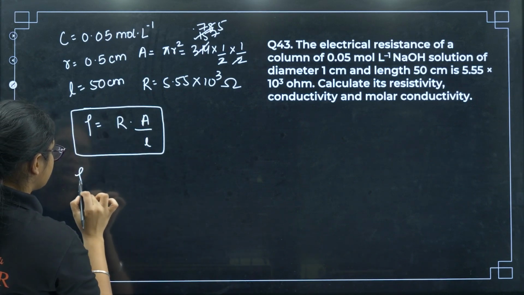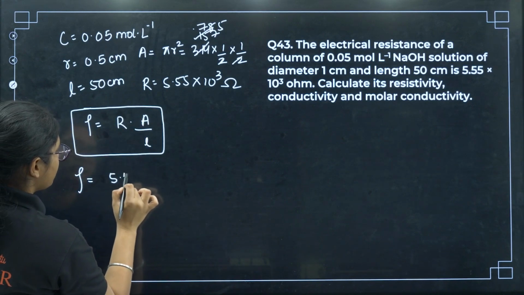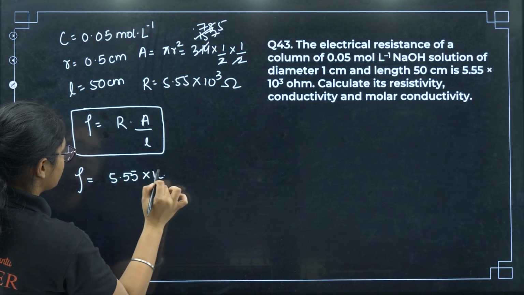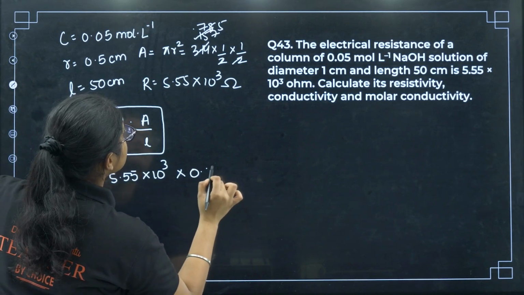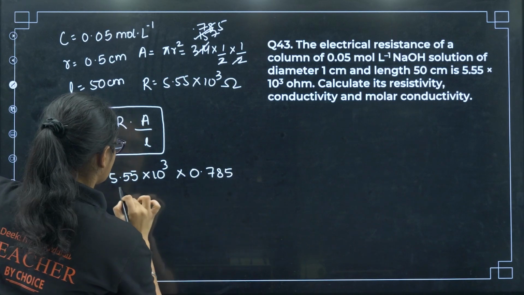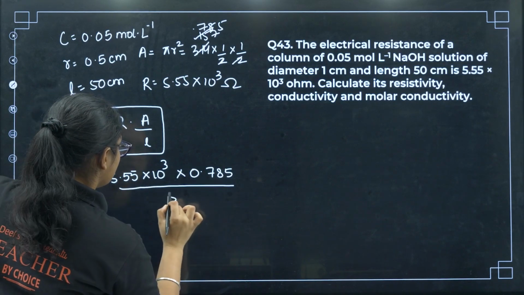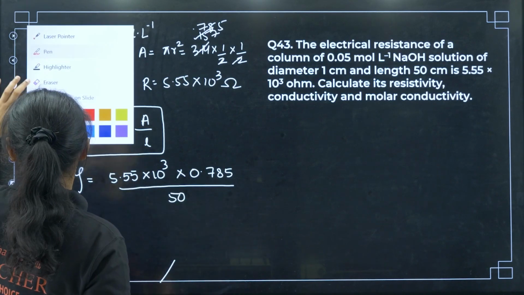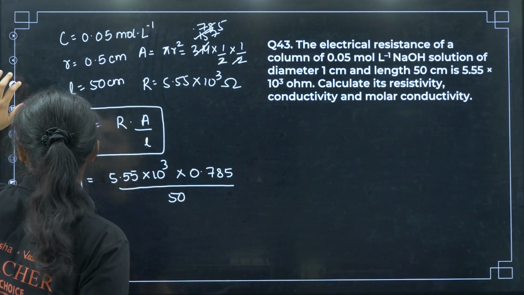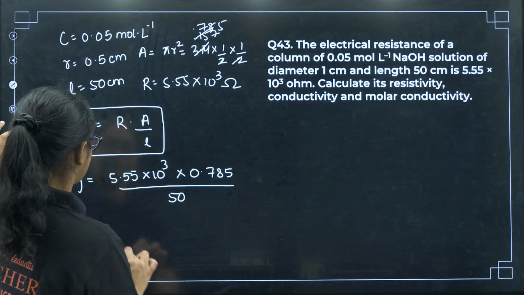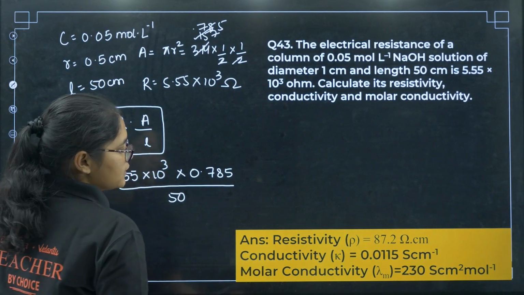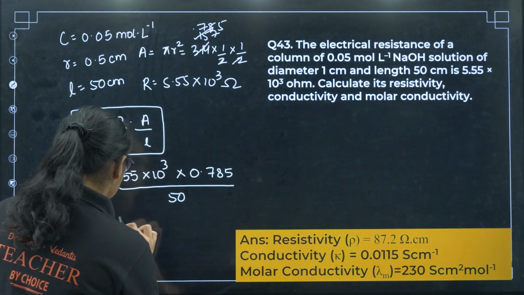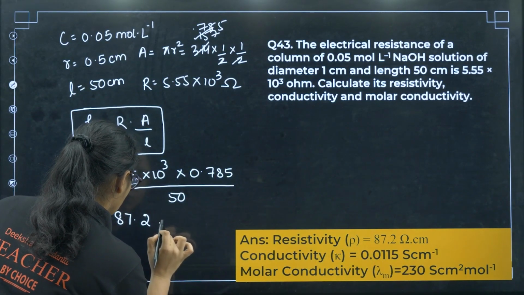Now if I substitute, R is 5.55 into 10 to the power of 3, area is 0.785, and L is 50, right? Now if I solve this, I will get the resistivity value. So if you solve this, you will be getting around 87.2 ohm centimeter.